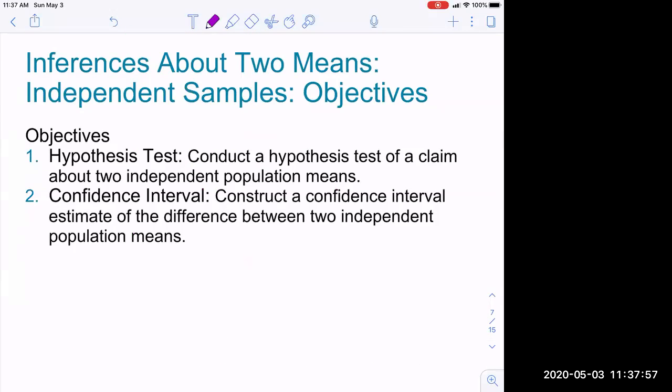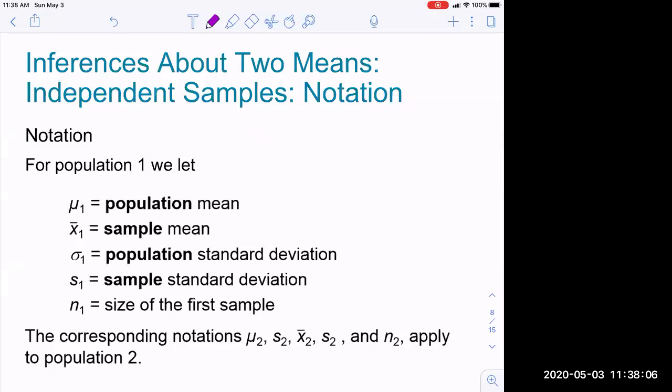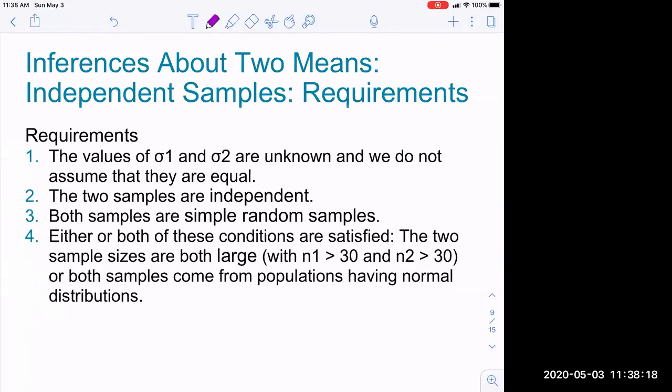Okay, we're going to do a hypothesis test. We're not going to do a confidence interval. So it's just like chapter 8. So we have two samples. So here I called one the females and two the males. Samples are independent, simple random.